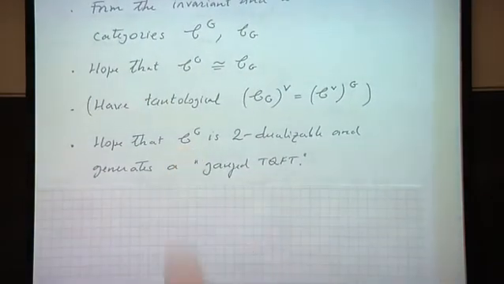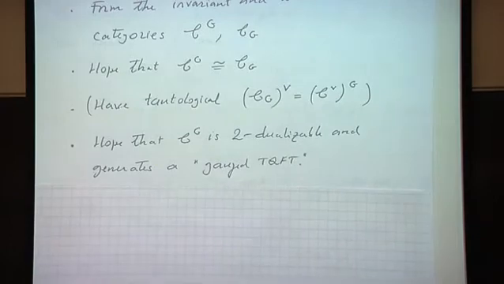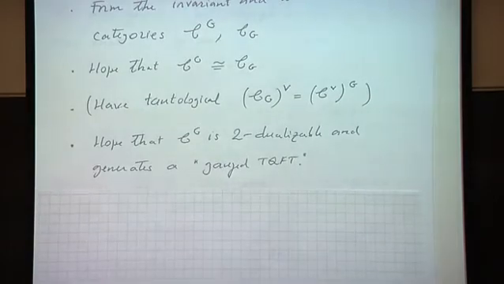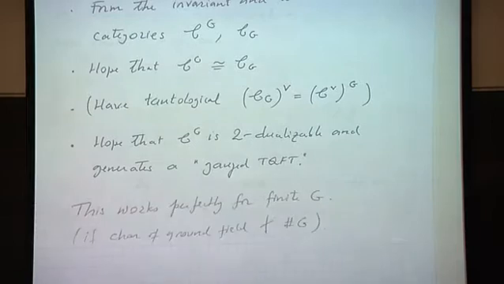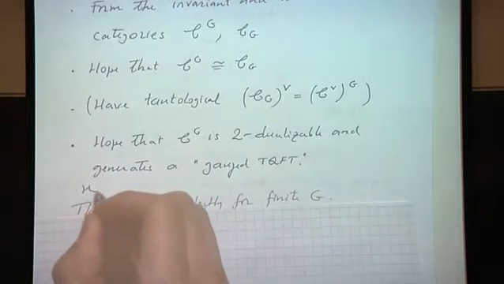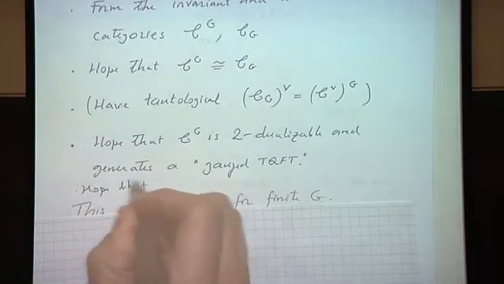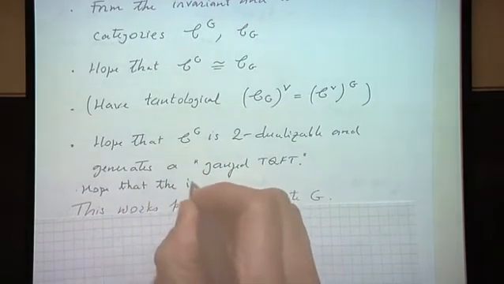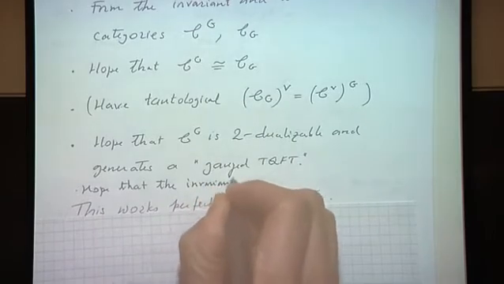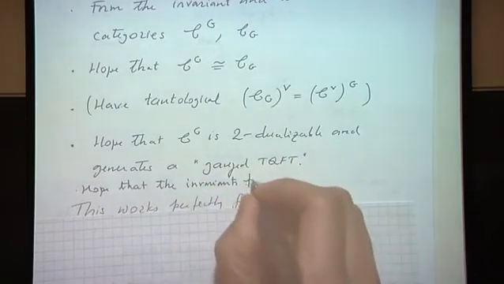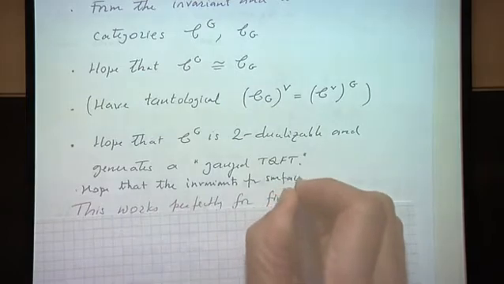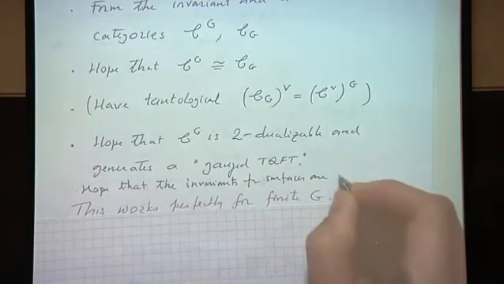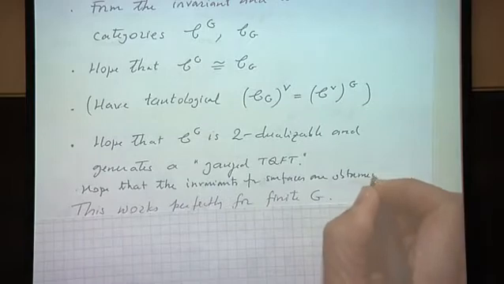And then at the end, you hope that the fixed point category, or the quotient category, also satisfies the duality conditions and therefore generates a TQFT. And of course, the final hope is that that is the gauge TQFT. So hope that, for example, for finite groups, the invariants for surfaces, the numbers you compute from surfaces, are obtained by gauging the original TQFT.